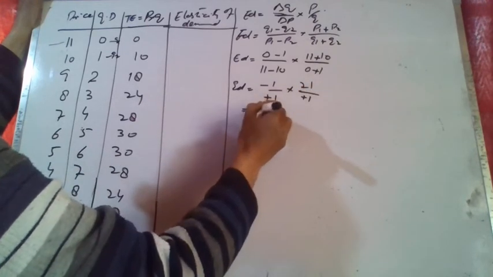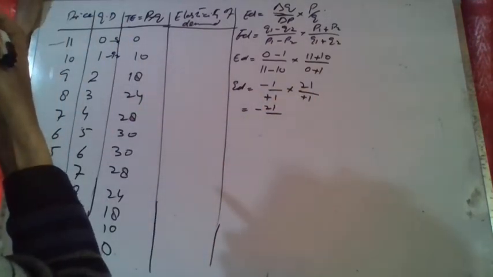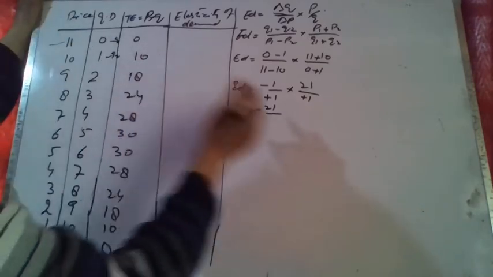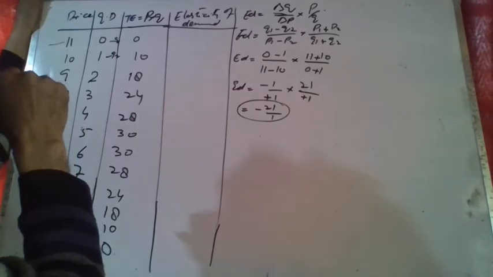Then it becomes minus 21 divided by 1, which is minus 21.